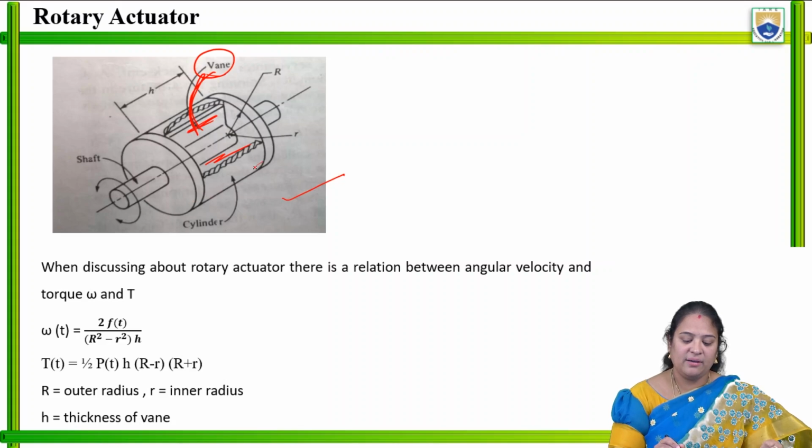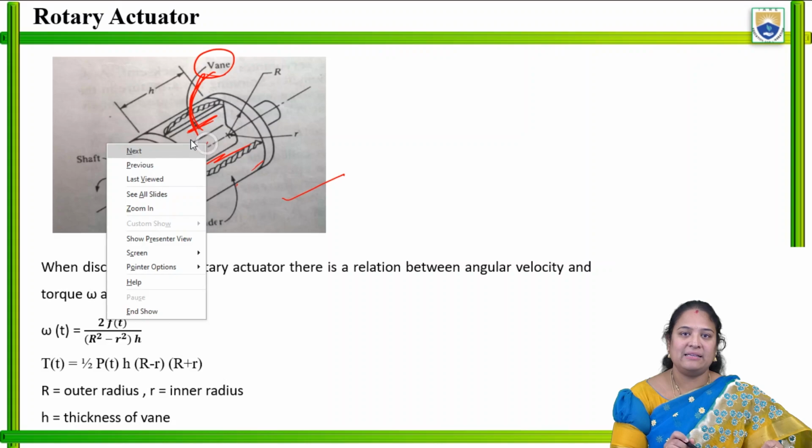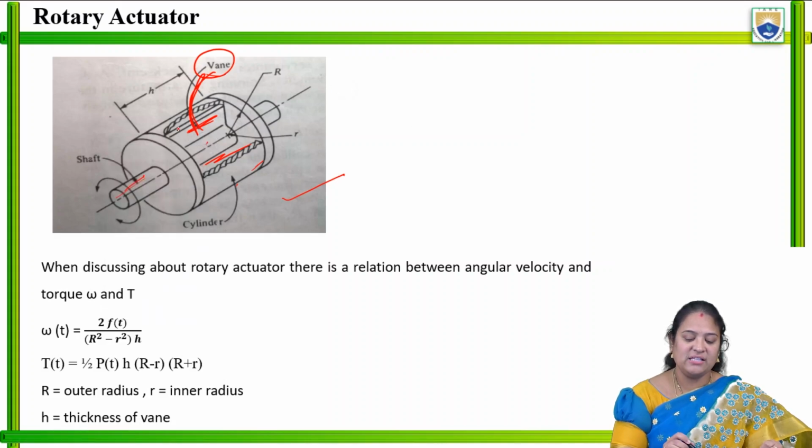So this is the cylinder, and this is the shaft placed within the cylinder, and we have the vanes placed, where H is the height of the vanes, R is the outer radius of the shaft, and small r is the inner radius.